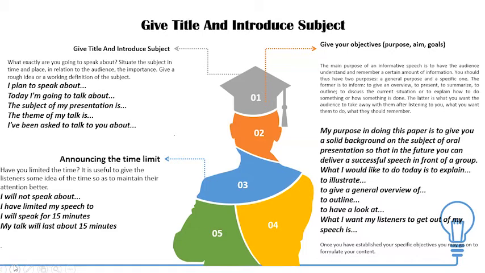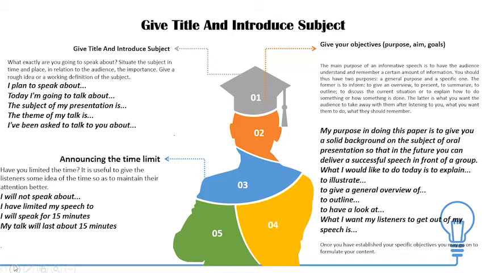And then next is giving your objectives. We have to mention the objectives, which include the purpose, aims, and goals. You could use words like, "My purpose in doing this paper is to give you a solid background on the subject of oral presentation so that in the future you can deliver a successful speech in front of a group."